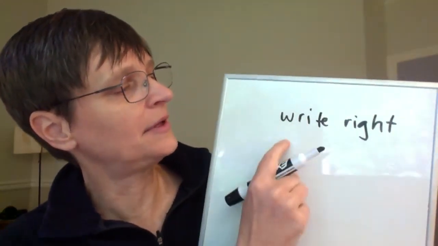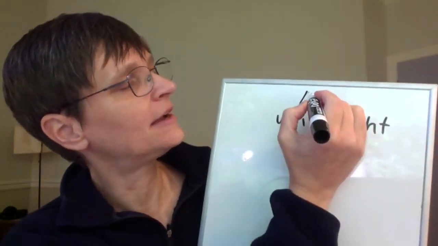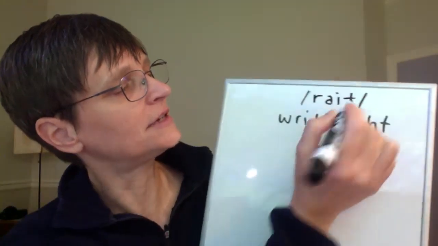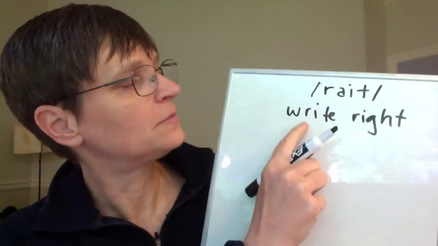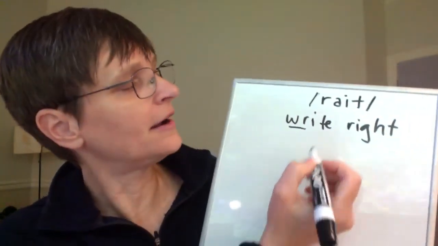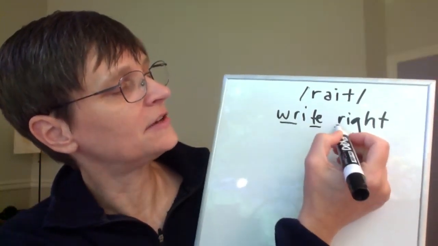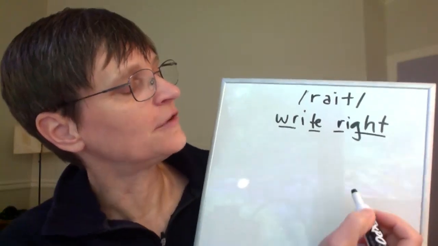So one example, the words right, and right have the R sound, the I sound, and the T sound. Neither of them is really spelled in a straightforward way. This has the R sound spelled as WR and the T sound spelled as TE. And this has the simple spelling for the R sound, but it has GHT for the T sound.